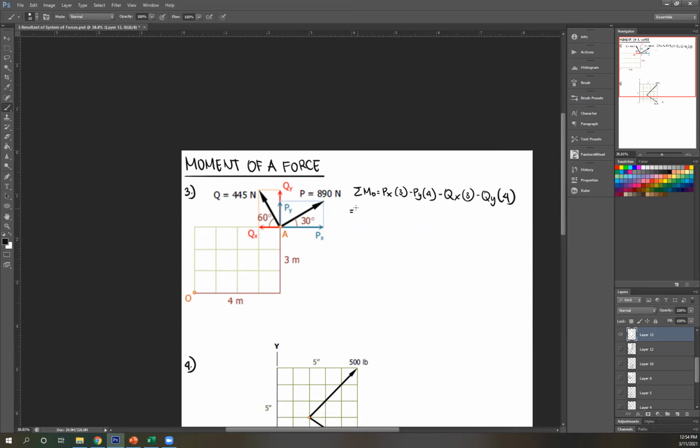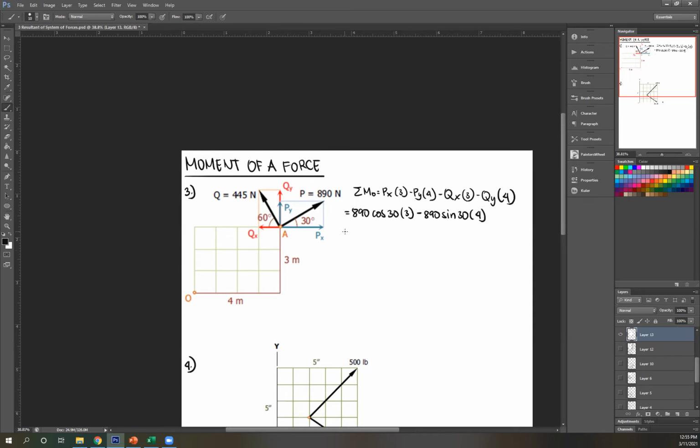Okay, and then just sub in your Px and Py. We're given your values, your angles. So Px is just P cosine angle. So P is 890 cosine 30 times 3, minus Py, which is just 890 sine 30 times 4.